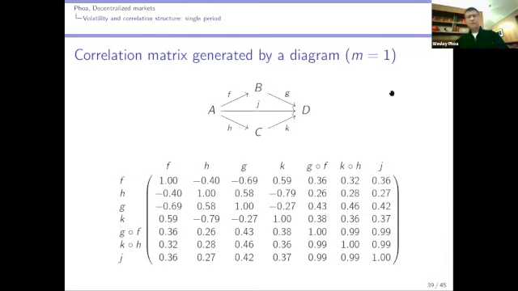And if you look at more complicated diagrams, here there's three ways of getting from A to D: GF, KH, and J. If you do one period simulations using this diagram, with unit mass for everything, then you get quite an interesting looking and I think not really trivial correlation matrix between all the different arrows, including the two composites.